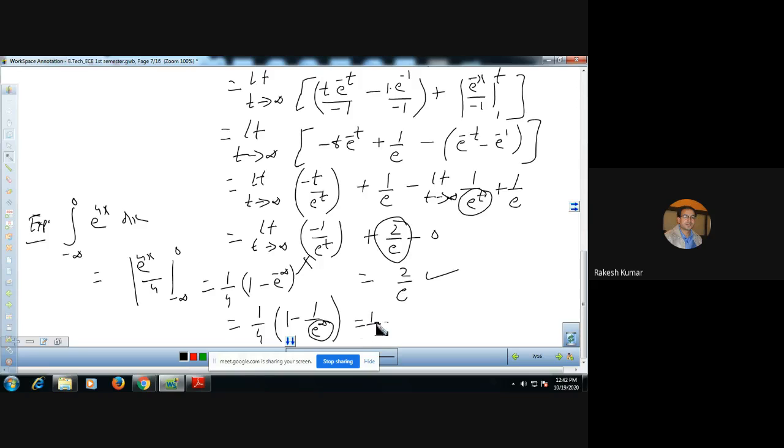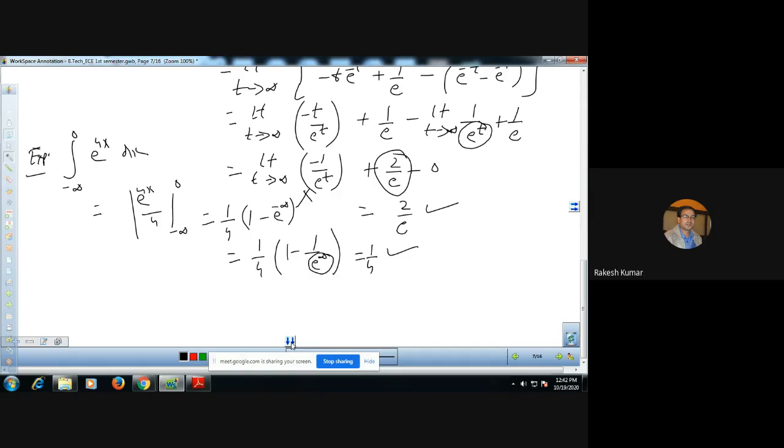So ultimately, you will get the definite value 1 by 4. So this is the procedure by which we can integrate, and we can find out the value of the definite integrals. And these definite integrals are improper integrals actually.